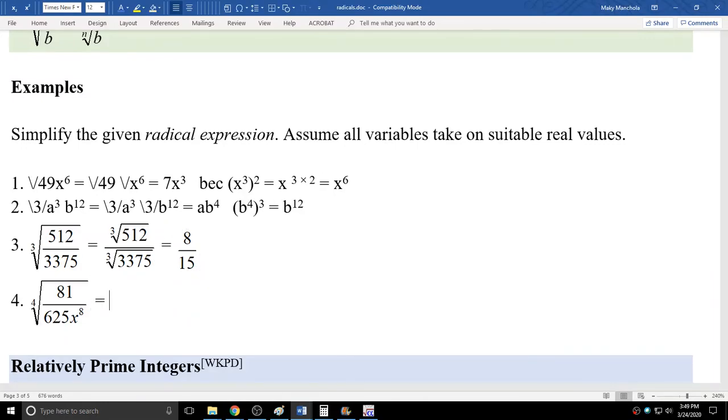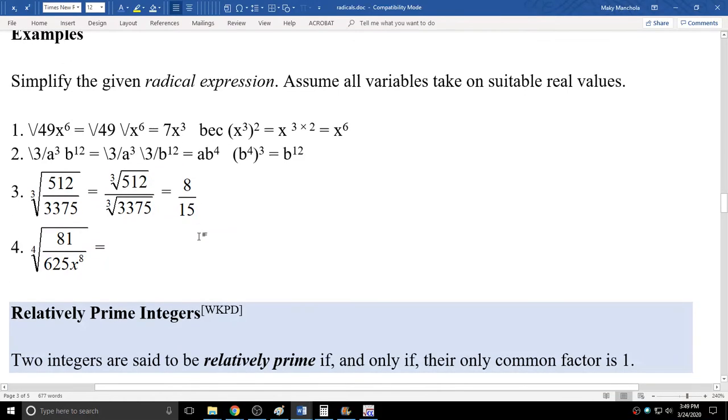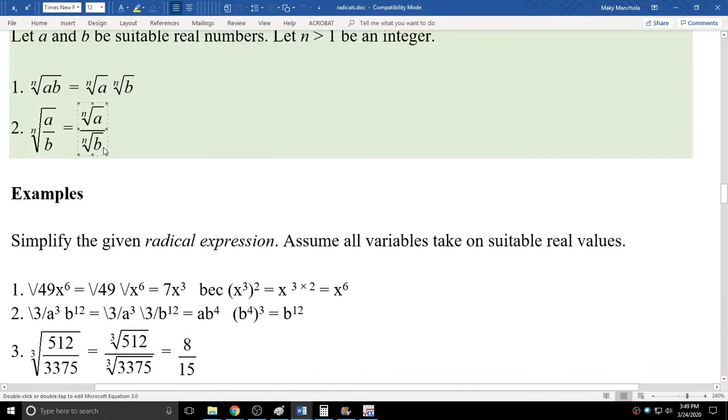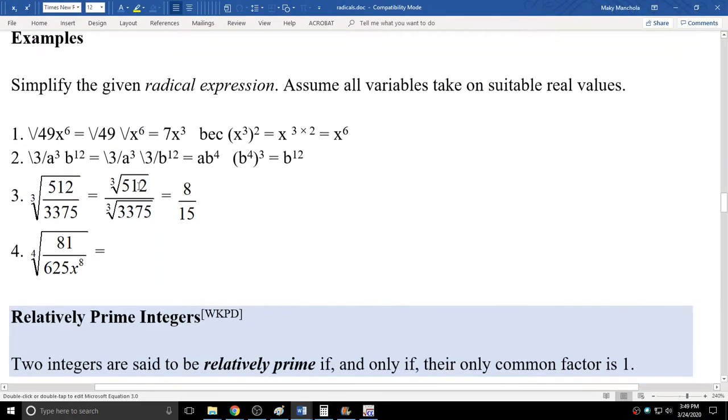One more. So we want the fourth root of 81 over 625x to the 8th. Let me apply my rule. The nth root of a over b is the nth root of a over the nth root of b.